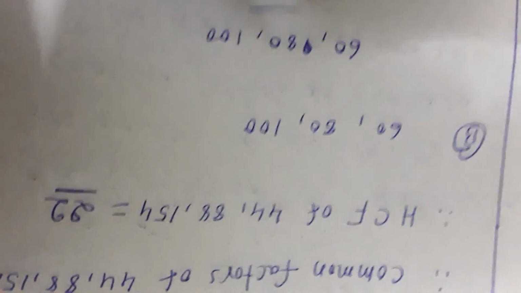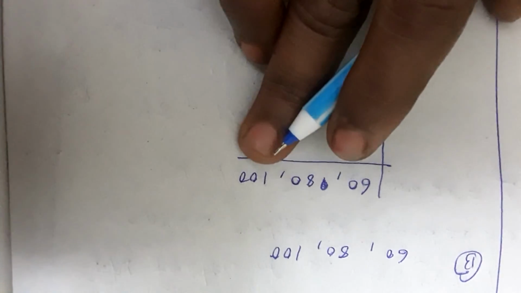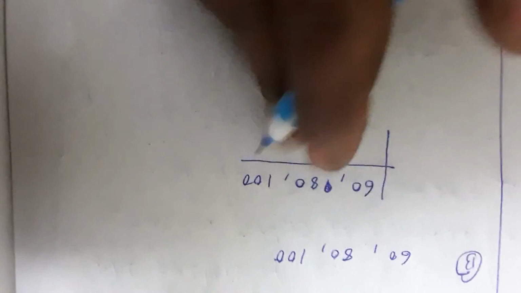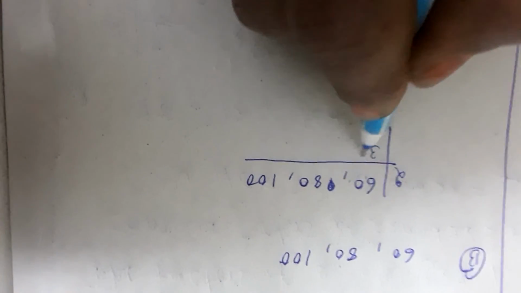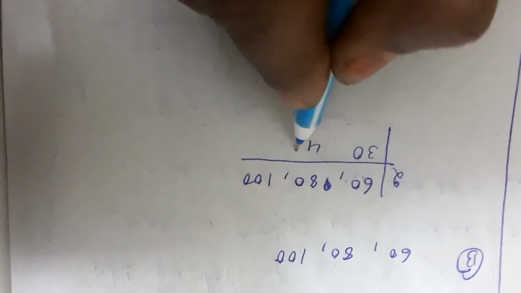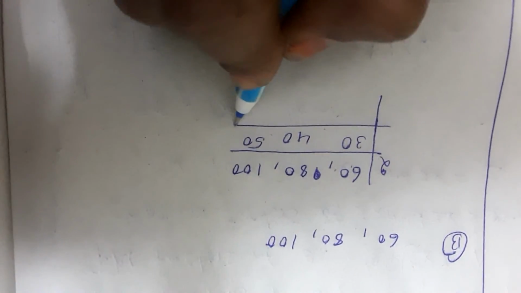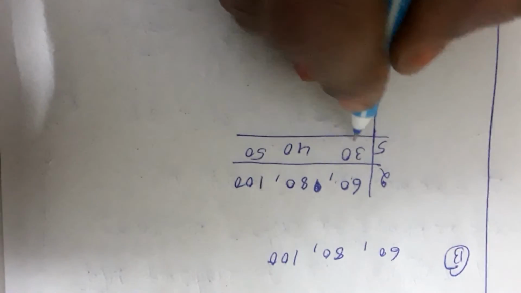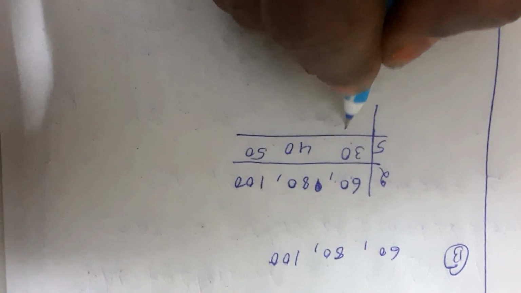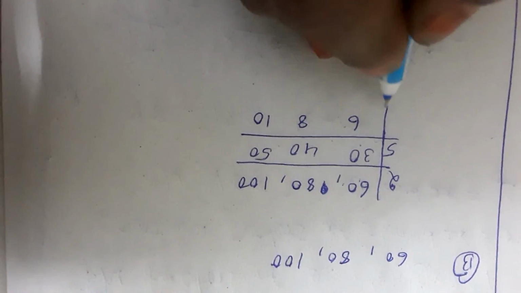These three numbers have ones place 0, so they are divisible by 2. 2 threes are 6, 2 fours are 8, 2 fives are 10. Again these are all divisible by 5. 6 fives are 30, 8 fives are 40, 10 fives are 50.